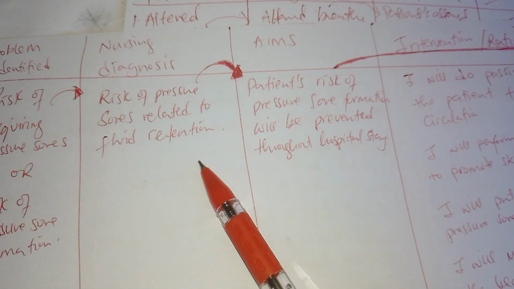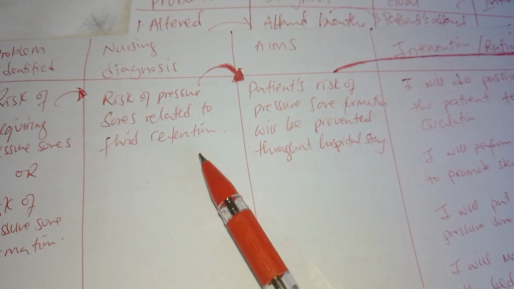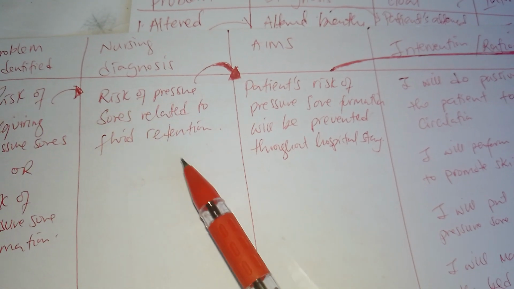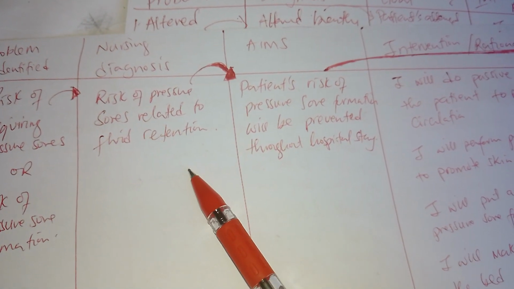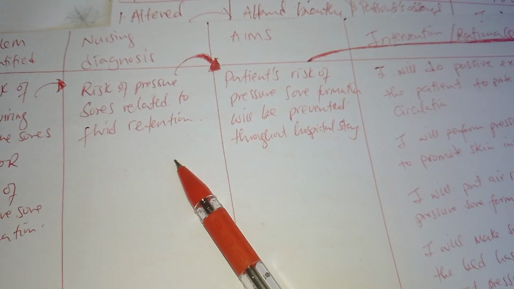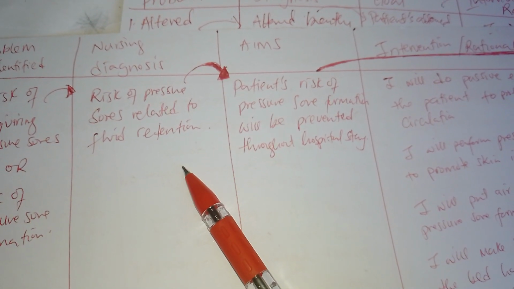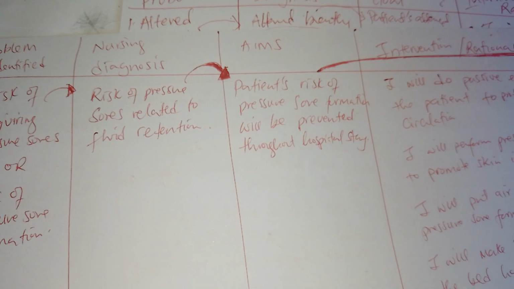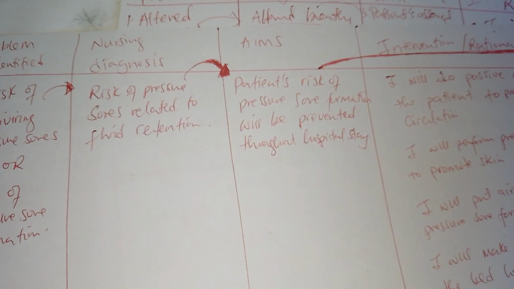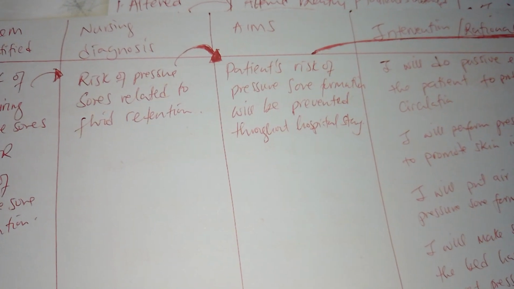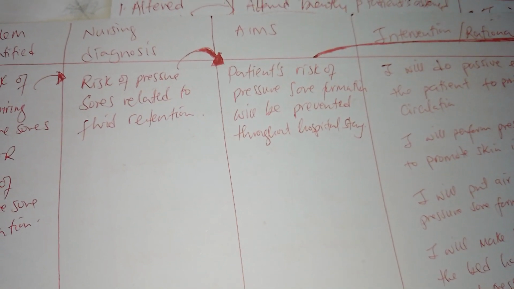It doesn't need to have evidence in your diagnosis because the risk problem has not yet happened. So there's no evidence. But at the evaluation point, you need to put evidence because you have come to the end of your problem interventions. You have done what you can. The patient doesn't have pressure sores, so what is the evidence?